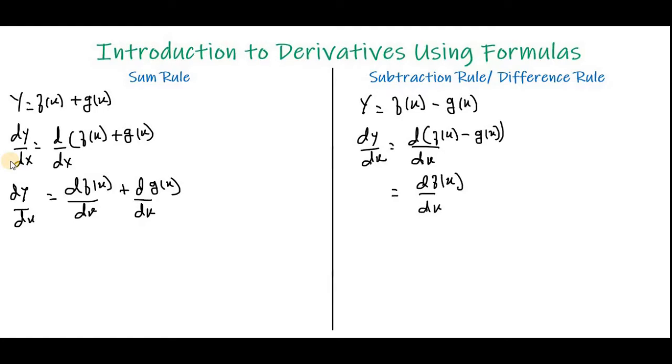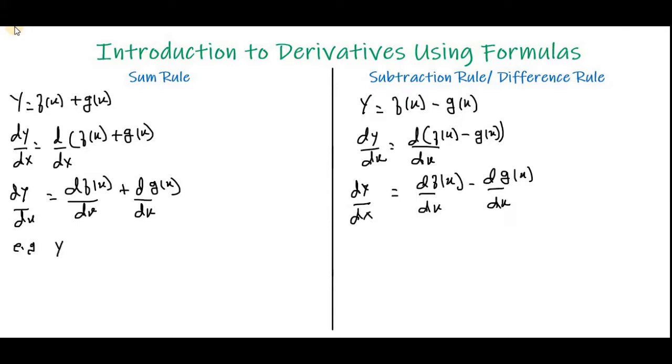So d by dx f of x minus d by dx g of x. Here we write dy by dx and then apply the corresponding formulas in the respective functions.